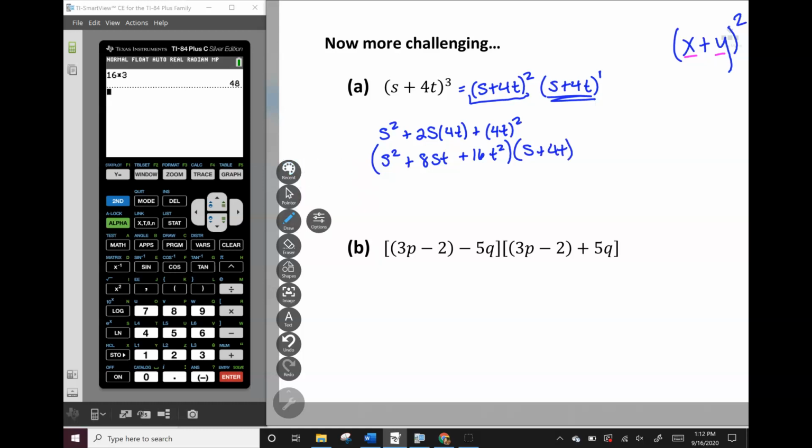Now there's no pattern here, so we're going to actually have to FOIL. So go ahead and multiply this s times both terms. s times s is s squared times s is s cubed. Okay, plus 4st, s squared t.